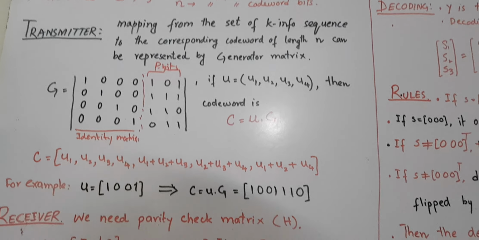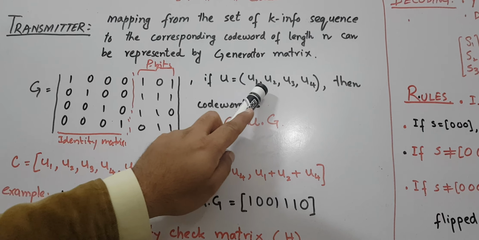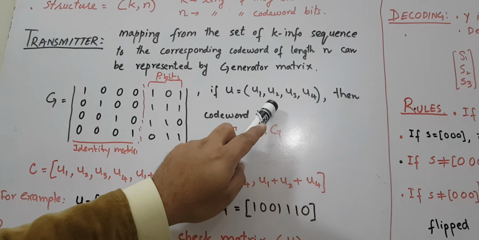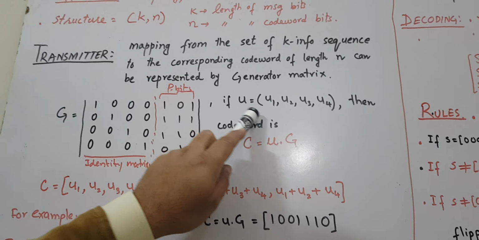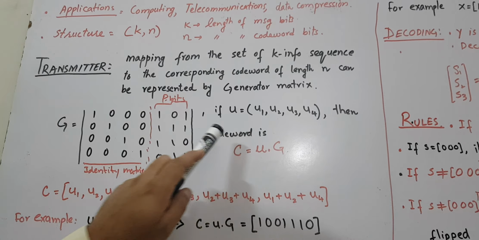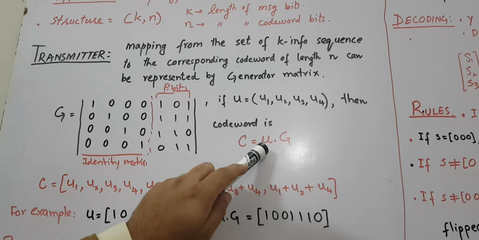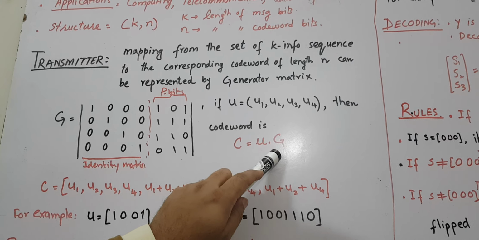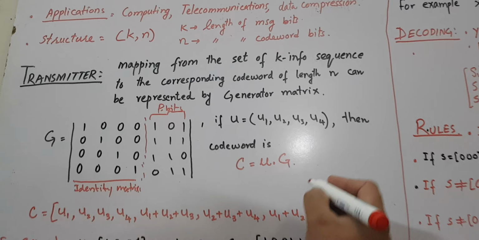If you have a message in this format, u1, u2, u3, u4, it means that you have a 4-bit message, and you want to encode it using this generator matrix. The code word is c equals u multiplied by G, and in that case you can generate the code word.